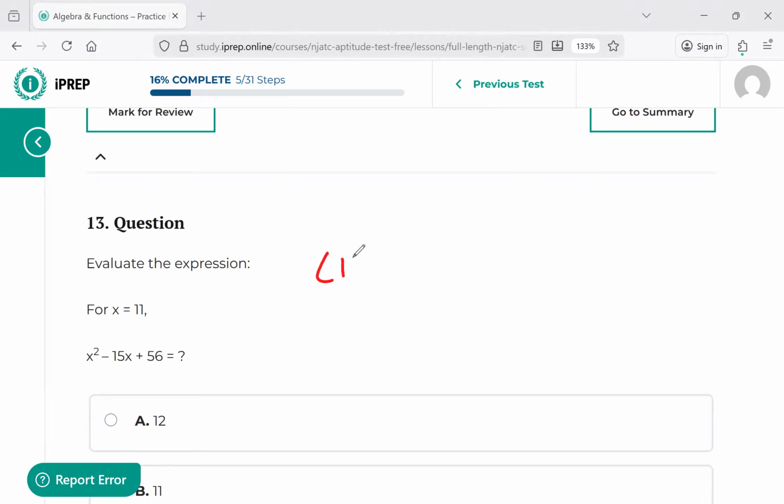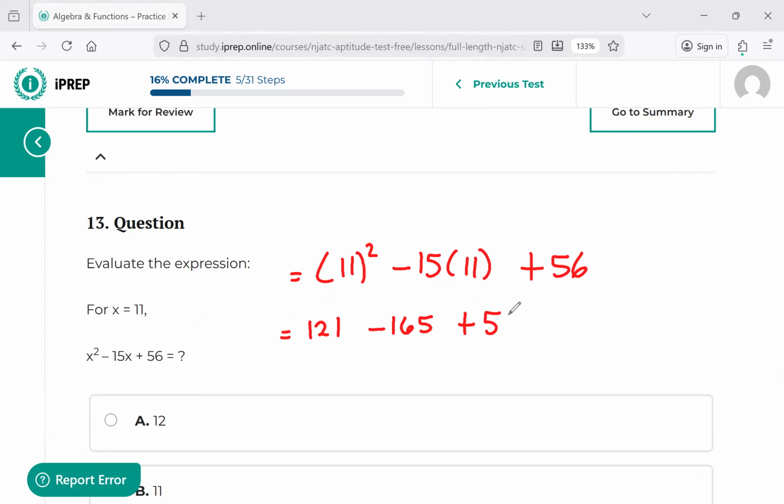So it's going to be 11 squared minus 15 times 11 plus 56. So 11 squared is going to be 121. Negative 15 times 11 is negative 165, plus 56. And because you can't use a calculator, what I would do is add the 121 plus 56.